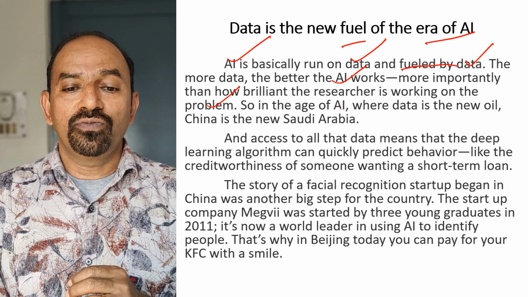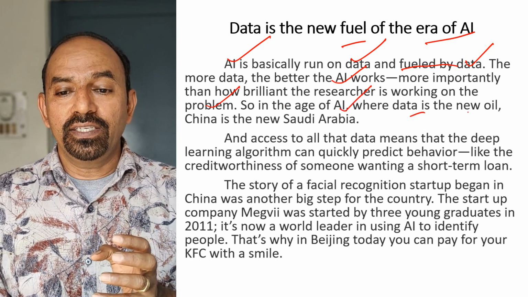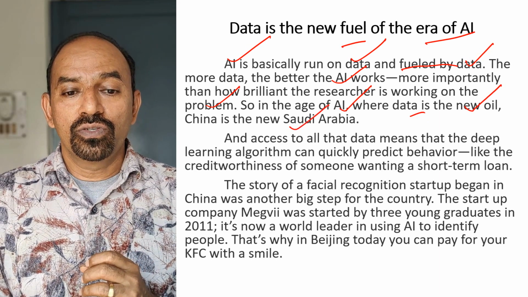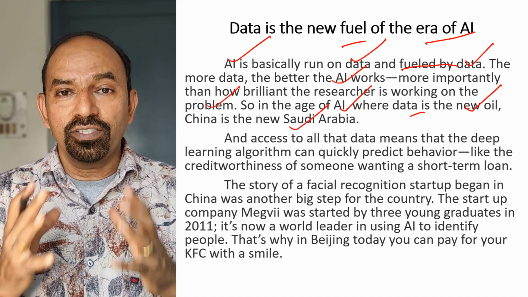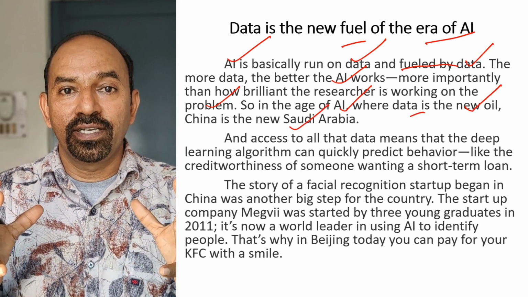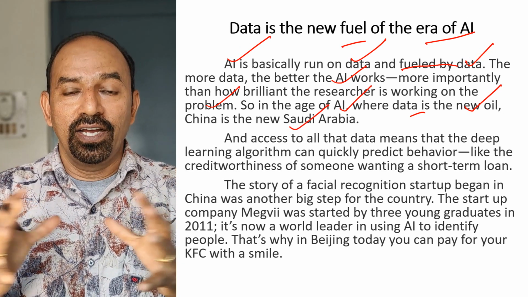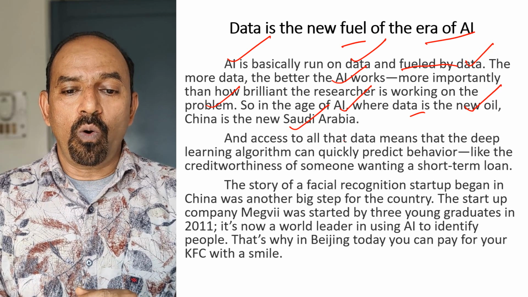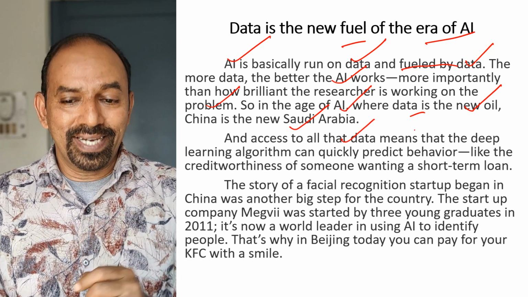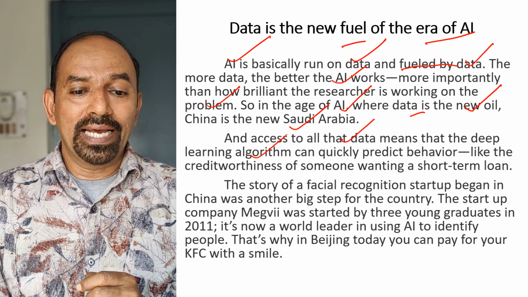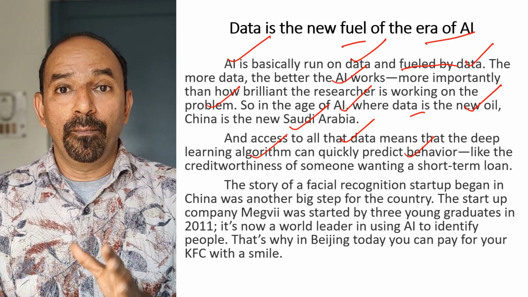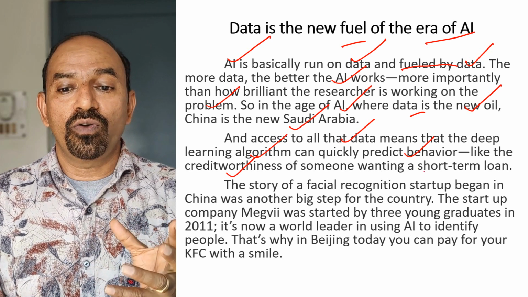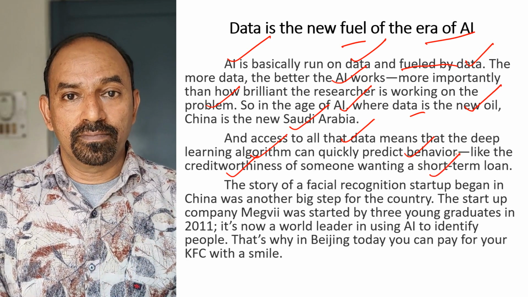So in the age of AI, where data is the new oil, China is the new Saudi Arabia, because it provides the oil, the data, to the entire world. And access to all that data means that the deep learning algorithm can quickly predict behavior, like the creditworthiness of someone wanting a short-term loan.